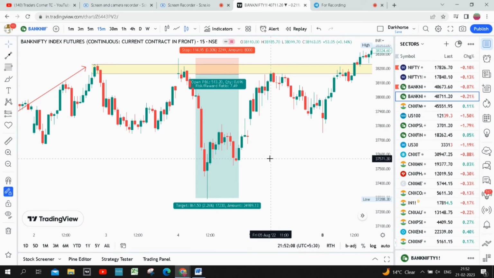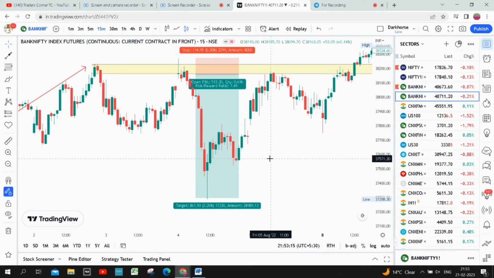I can show you n number of examples of how to mark a zone and how to initiate a trade. What I'm showing you here is nothing but pure technical analysis. This technical analysis is common for all stocks, indices, currencies, commodities, crude oil, gold, and it is applicable for all time frames also.